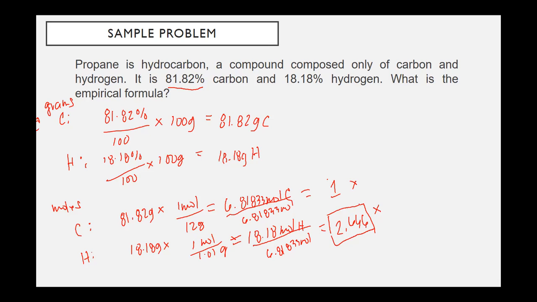So you can do a trial and error. So kung sa 2 natin to, magiging 2. Ito naman magiging 5.332. So hindi pa rin siya whole number.